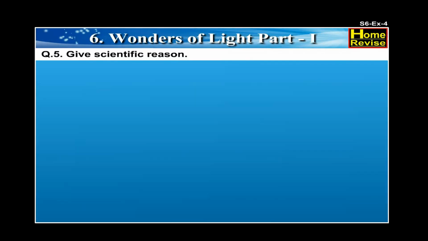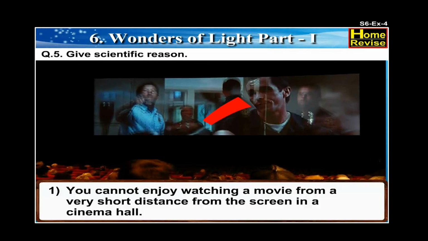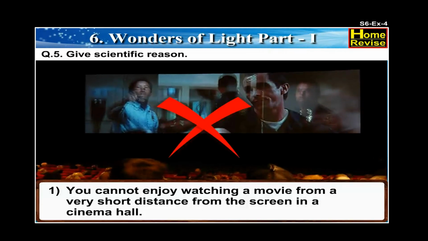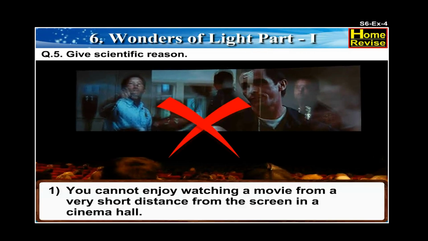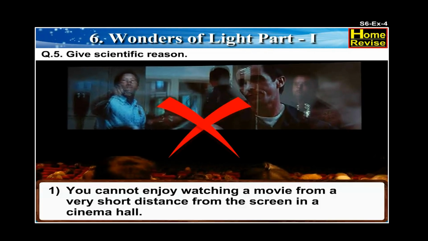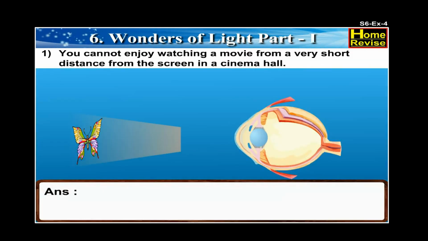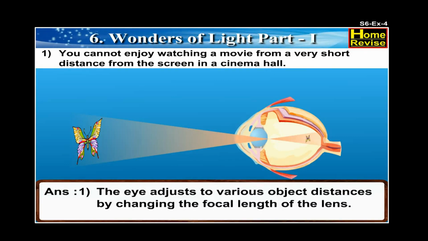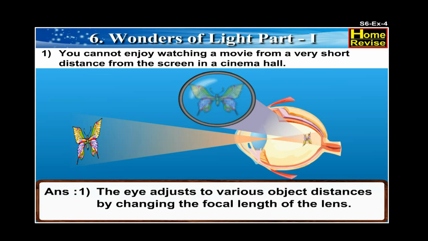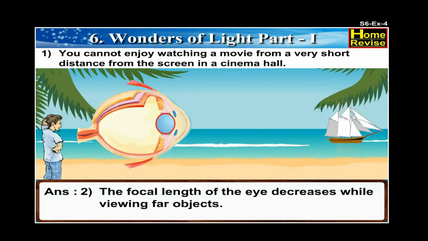Question 5. Give reasons. First, you cannot enjoy watching a movie from a very short distance from the screen in a cinema hall. Answer. 1. The eye adjusts to various object distances by changing the focal length of the lens. 2.